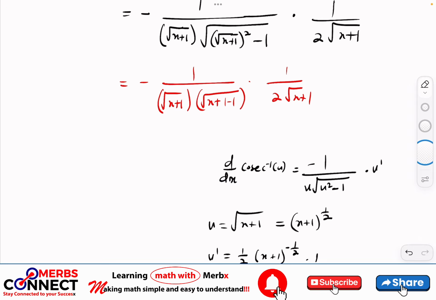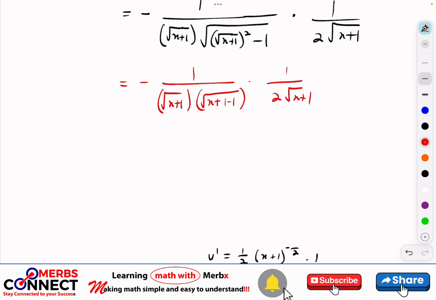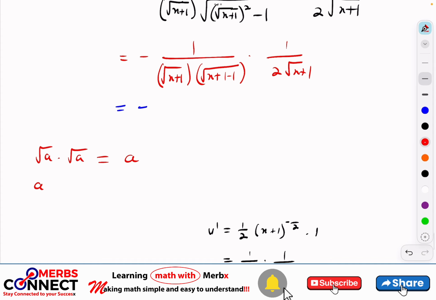Let's do more simplification here. I think I'm seeing something beautiful at the end of the simplification. Now remember that when I multiply square root of a times square root of a, it is just a, because this is like a to the power 1 over 2 times a to the power 1 over 2.